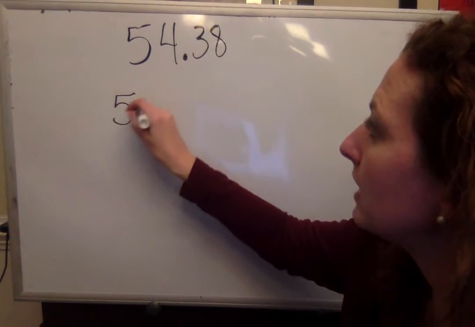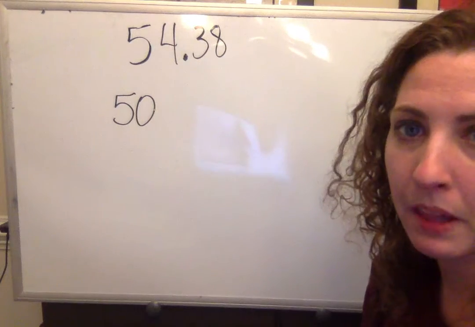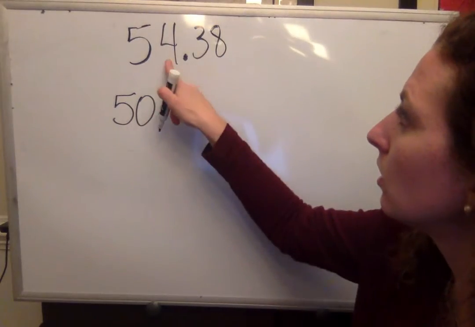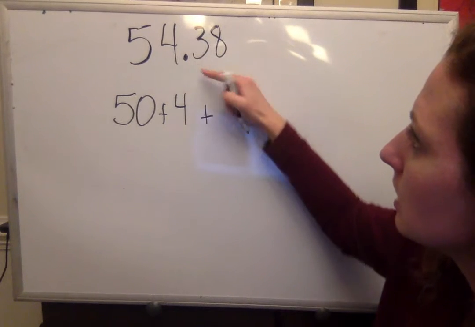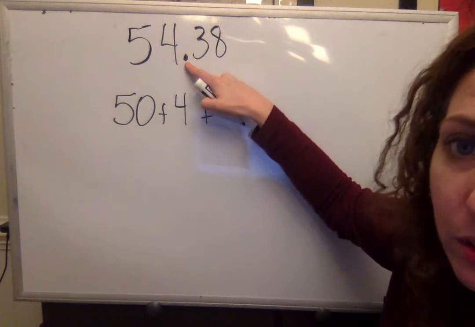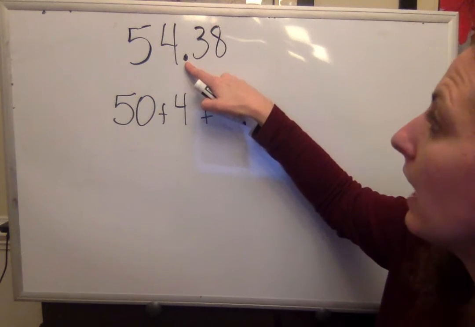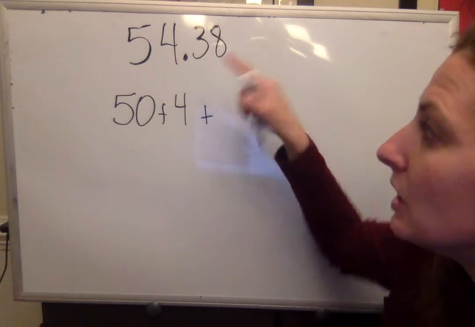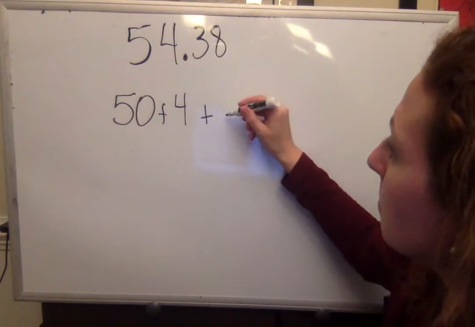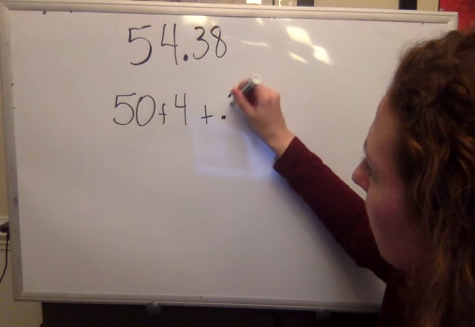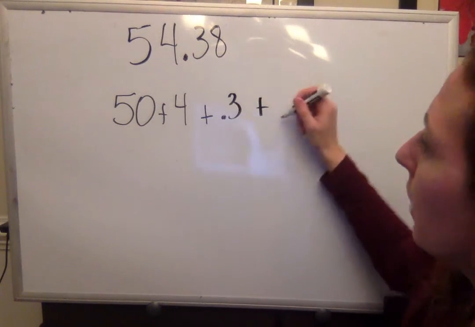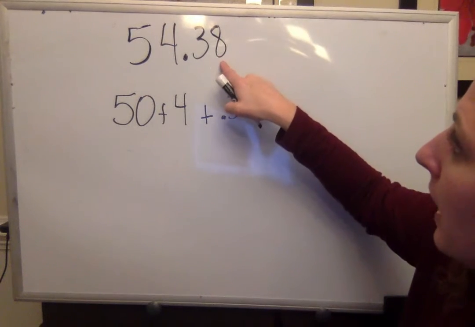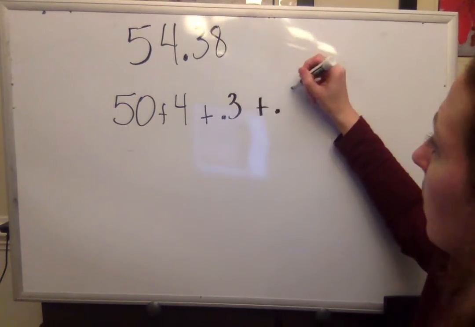So I know 5 tens is 50. Plus 4 plus, now you're just going to follow this number along and add up each individual number, okay? So that's going to be plus 0.3 and then plus point, and look at where your 8 is, so that needs to be a 0, 0, 8.